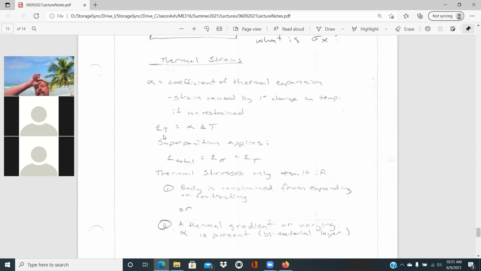And so you can calculate the total strain. And then again, the thermal stresses only occur if that object is constrained from expanding or contracting. If it's not allowed to do what it wants to do, it's going to build up stress in that process.